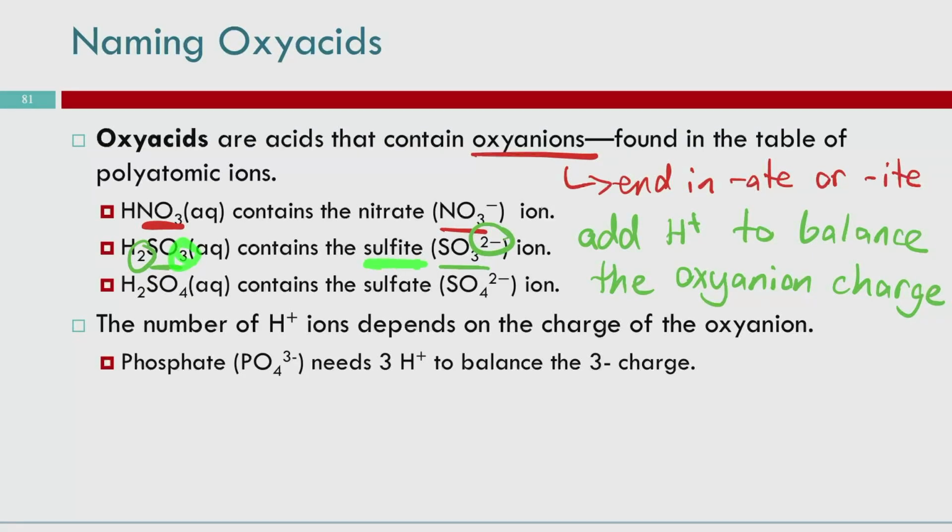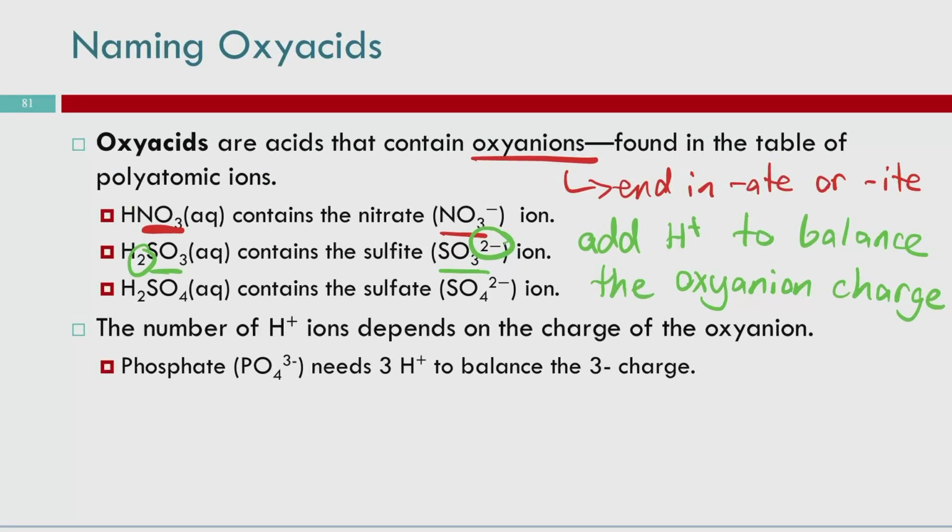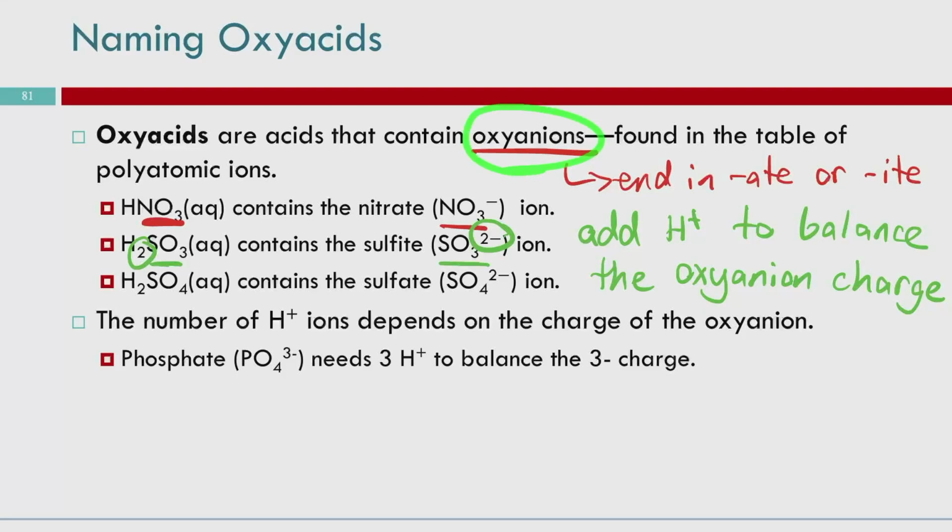H2SO3, since it's SO3 and SO4 is our base name ate ending, that's sulfite. It's one fewer oxygens. And SO4 2- is the ate form. So the first step for identifying and naming an oxyacid is figuring out we've got an oxyanion in there, and then we need to hunt down and work out the name of our oxyanion.